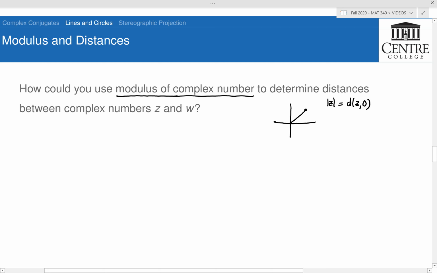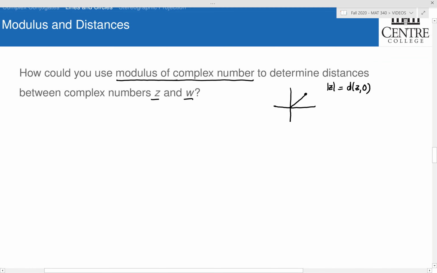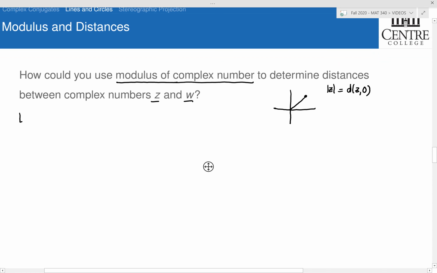But now we would like to understand, is there any way we can use modulus to describe the distance between two complex numbers, not just the origin? So let's investigate this a little further. Let's say z is x plus iy, and w is equal to u plus iv.